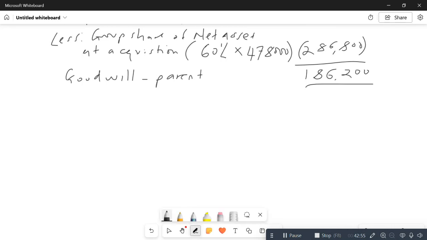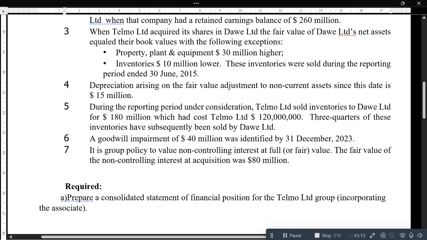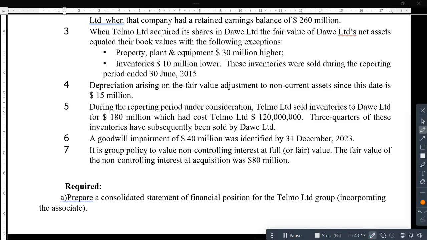When you are calculating the goodwill for NCI, we start with the fair value of NCI at acquisition, which will be given in the exam. How much is our fair value of NCI at acquisition? Check on this note here.